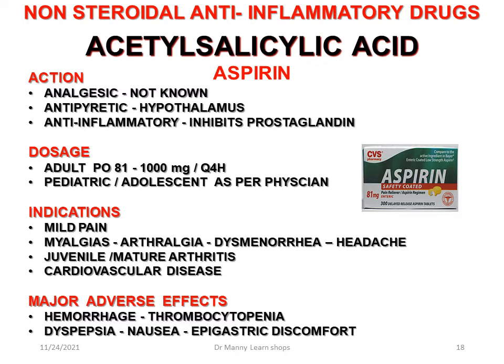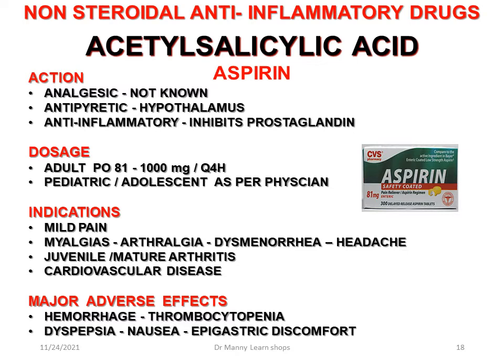It does many other things as well. However, the typical dose for analgesia is 81 to 1,000 milligrams 4 hourly. If it's a pediatric or an adolescent, it has to be ordered by a physician, because aspirin can cause certain syndromes in pediatrics which could affect their renal function.